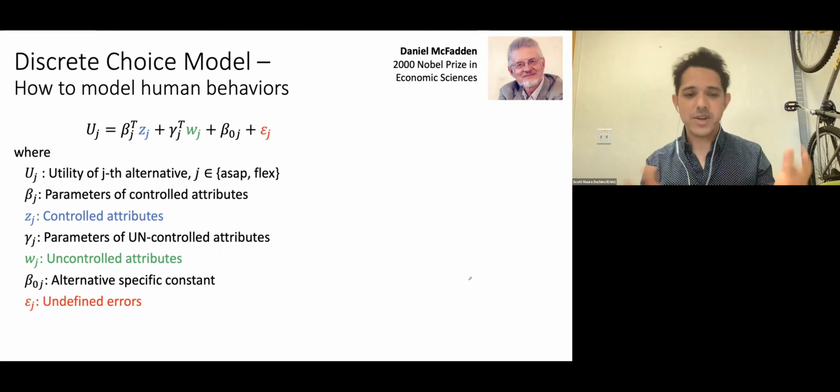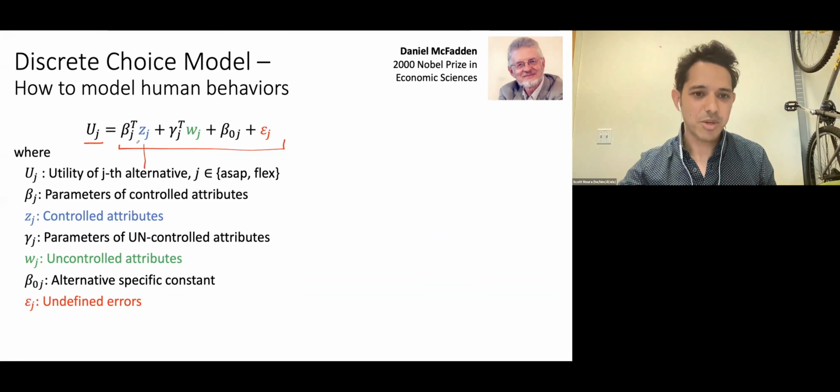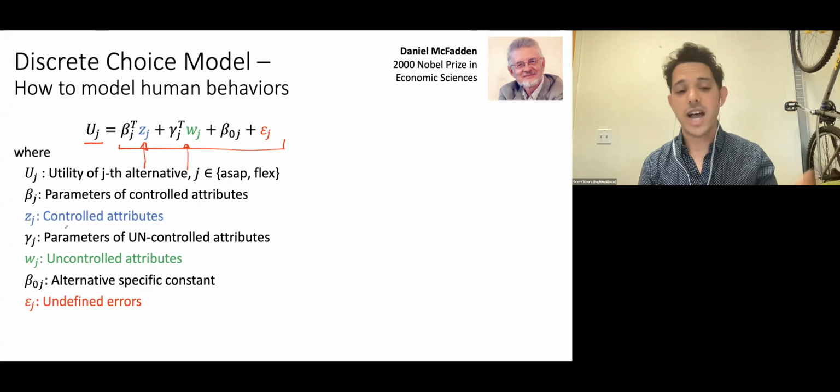But anyways, the key idea here is that for each alternative J, where J can be ASAP or flex, there's some kind of utility, let's call it U. And in typical econometrics style, it's a linear function of attributes Z and W. I'm going to differentiate them by the fact that Z are attributes we control, think price.